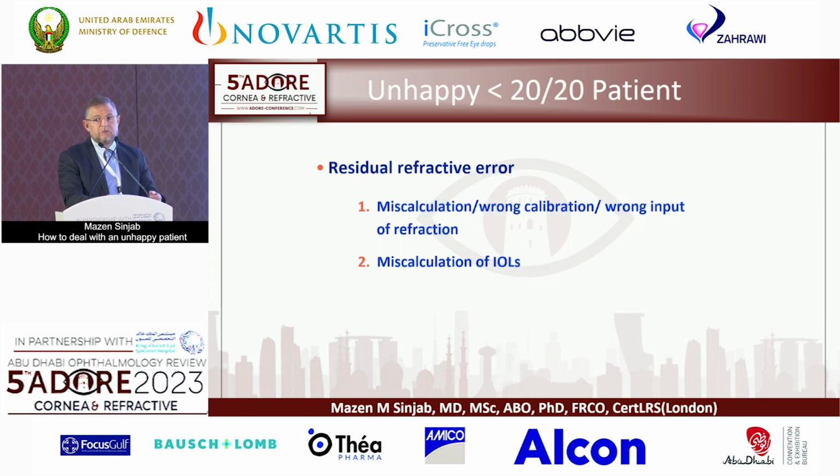So it's our responsibility as surgeon to double check before we start. And as I mentioned yesterday, you have to know the laser profile, how it works, in order to be able to recognize early if the ablation is correct or not. And if you are doing lens-based refractive surgery, then one of the reasons is miscalculation of the IOLs or wrong formulas that you have used.